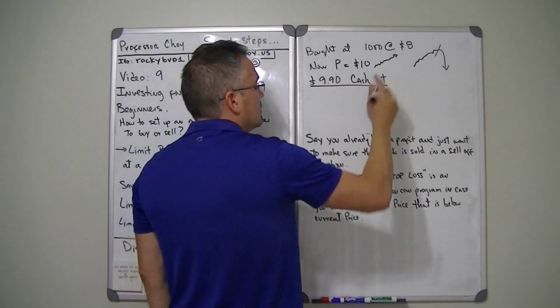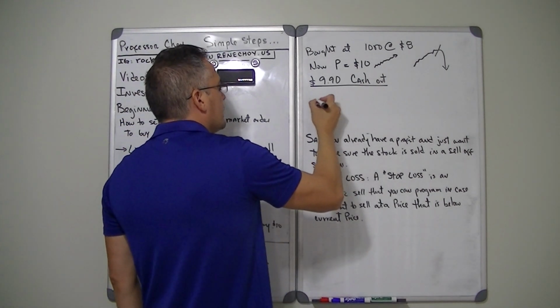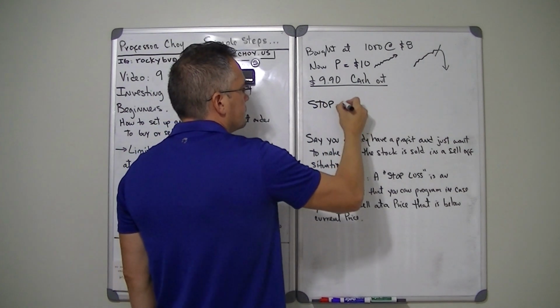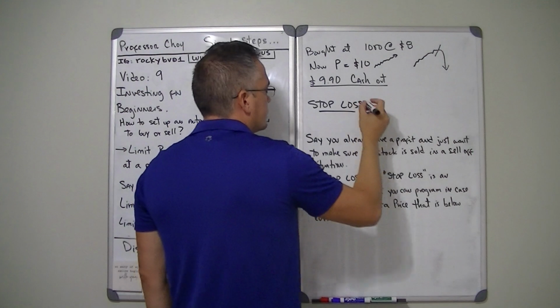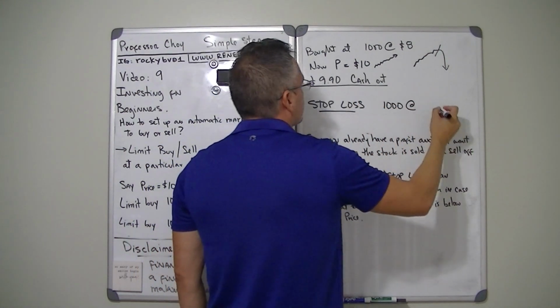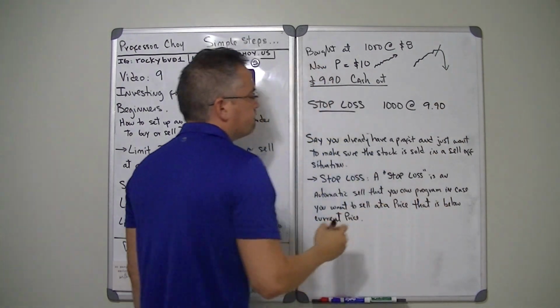Okay? So the way you would set this up is you would set up basically a stop loss or sell 1,000 at 990.